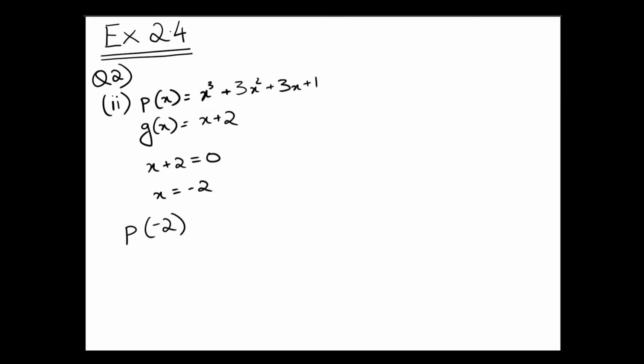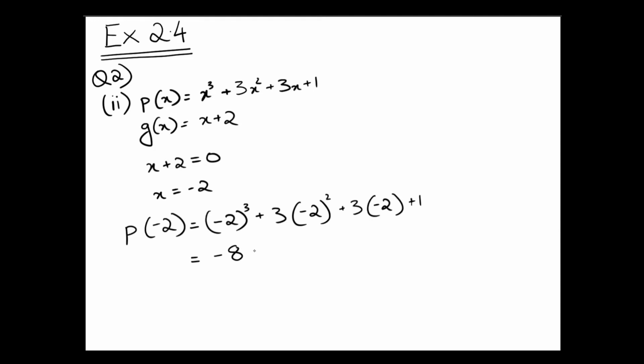Just like in the previous question, we'll equate g of x to 0, and we'll get x as minus 2. Now replacing this value of x in p of x, we get p of minus 2 is equal to minus 2 cube plus 3 into minus 2 square plus 3 into minus 2 plus 1.